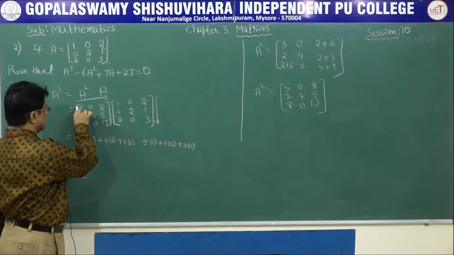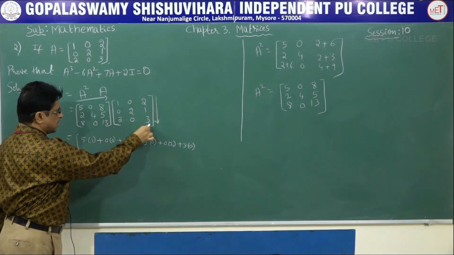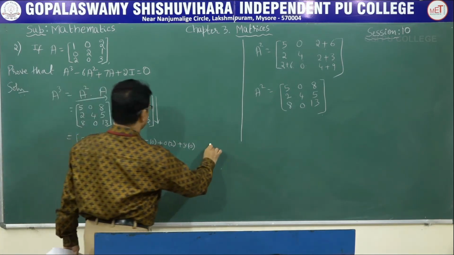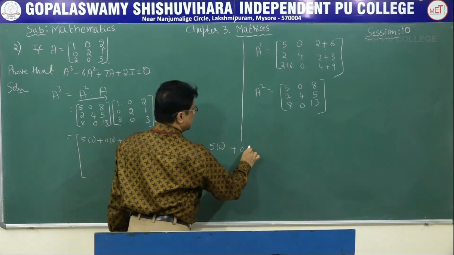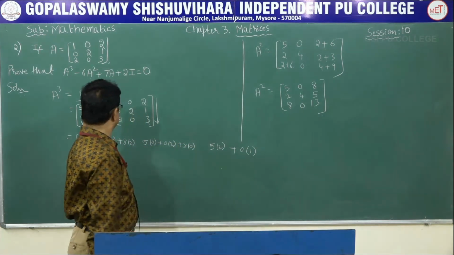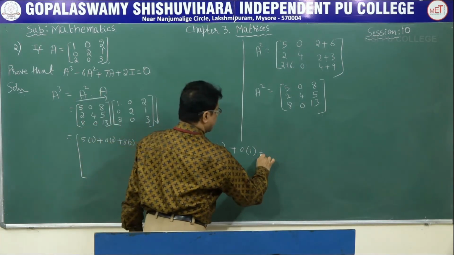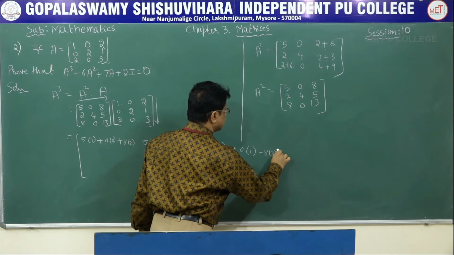Next is first row into third column. That is 5 into 2 plus 0 into 1 plus 8 into 3.